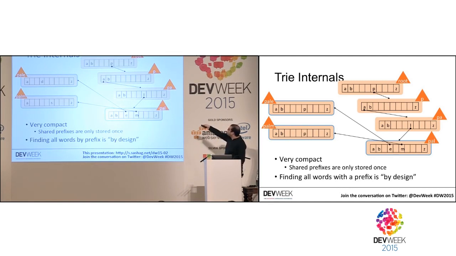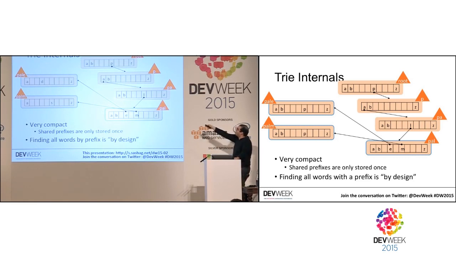The PA node from L has a reference to a PAL node, and the PAL node from M has a reference to the PALM, palm node, and from E to the pale node. And the nodes which represent words are marked as such, right? So this border indicates that this node is a word terminator. That's the whole data structure.